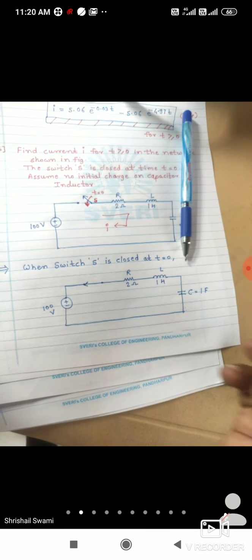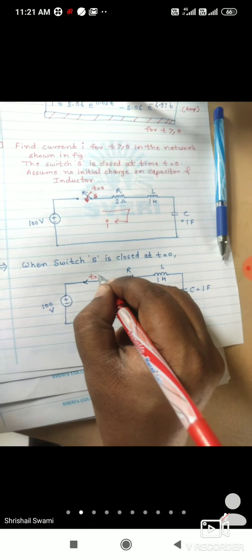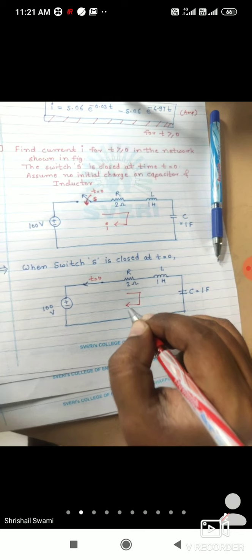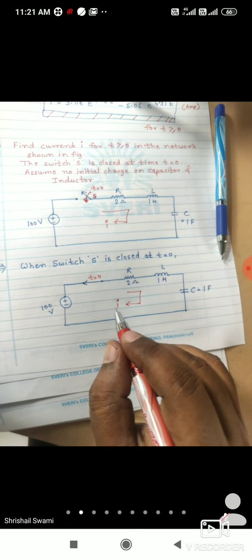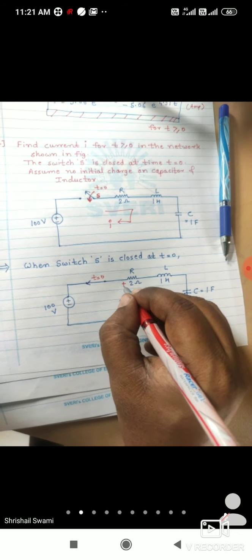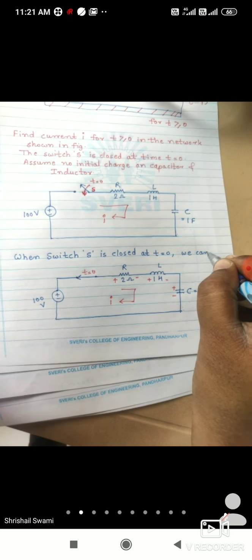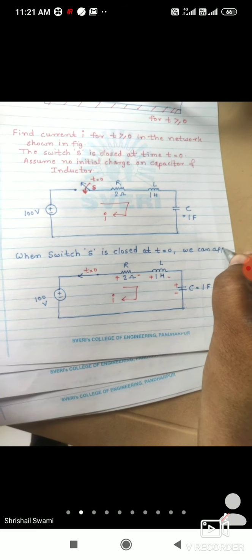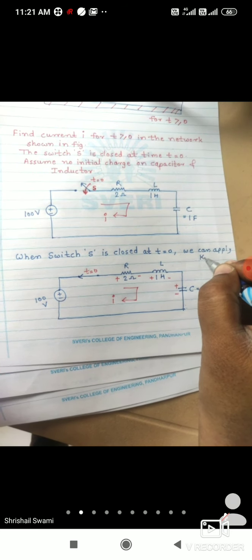So as switch is closing at t equal to 0, we are finding out the current I according to KVL. So according to this direction of current, mark the polarities plus minus, plus minus, plus minus. So when switch S is closed at t equal to 0, we can apply KVL.